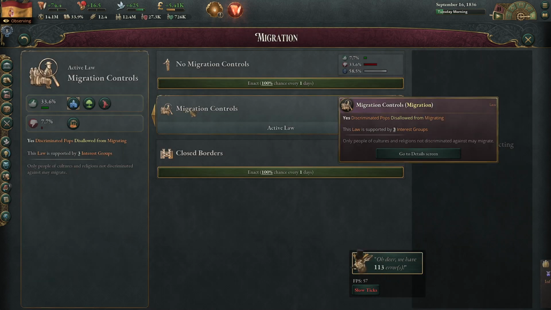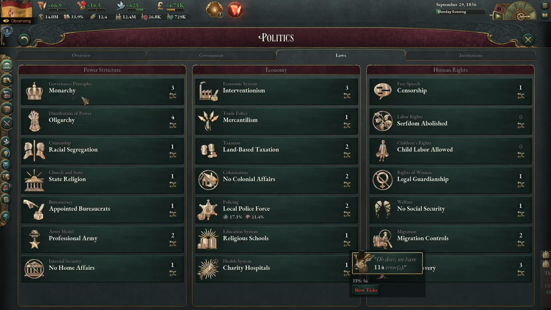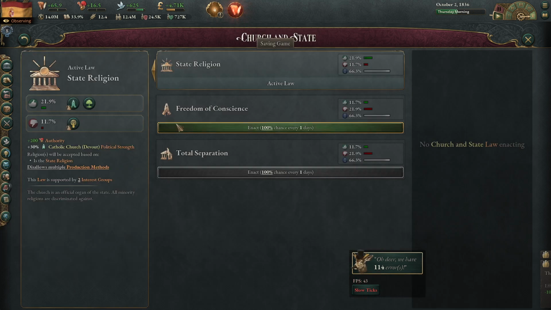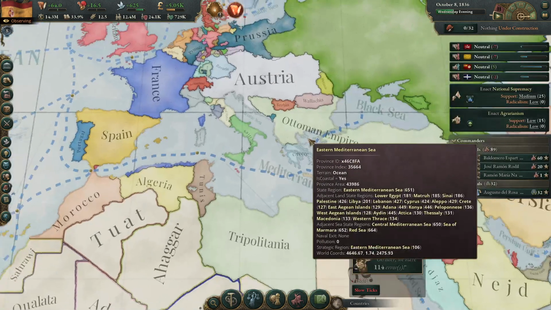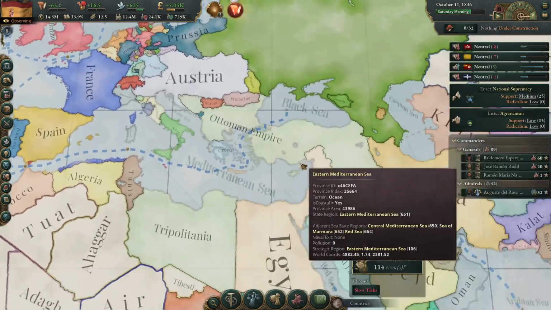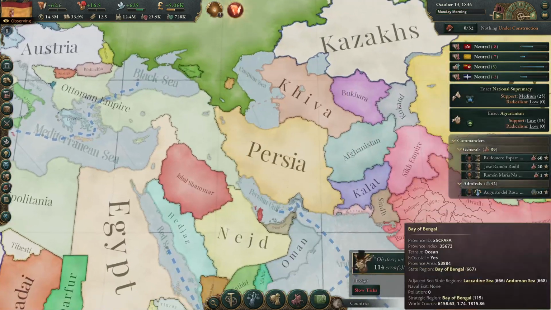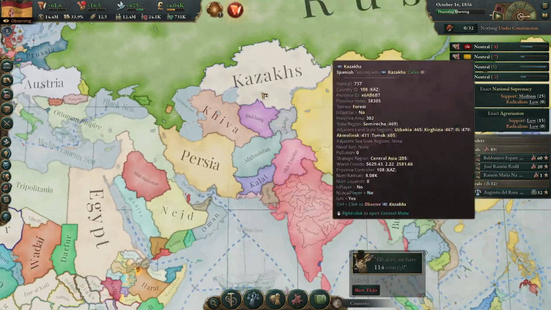If you wanted to do a religious migration, you could do that. Absolutely, right? You could have migration controls and multiculturalism, and then have freedom of conscience, and then you would not let in people who are outside of your religious group. That would be the barrier, and maybe that's what you want to go for. I don't know. That's kind of up to you.